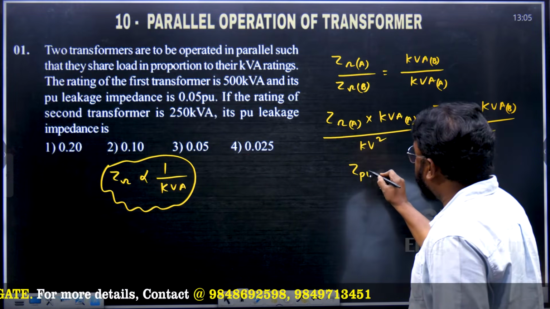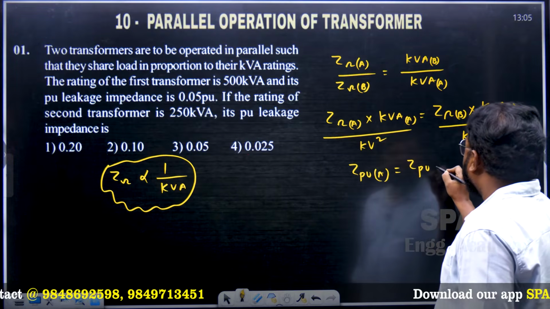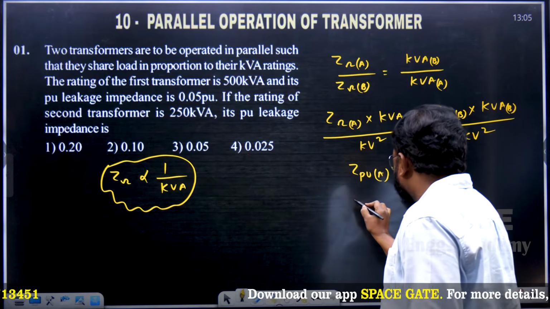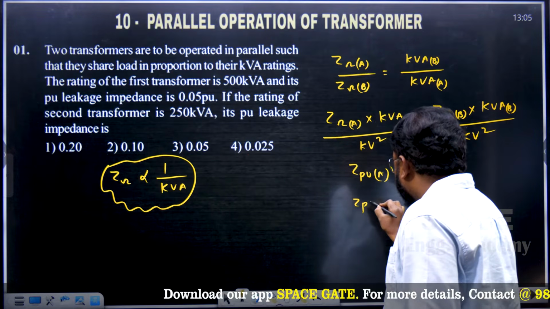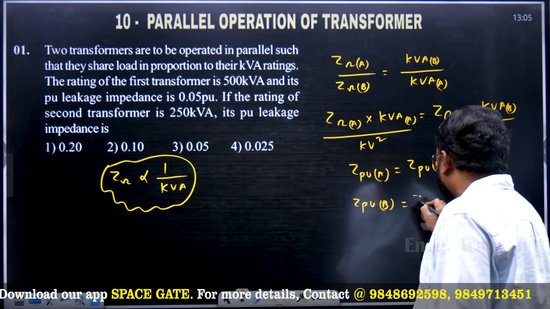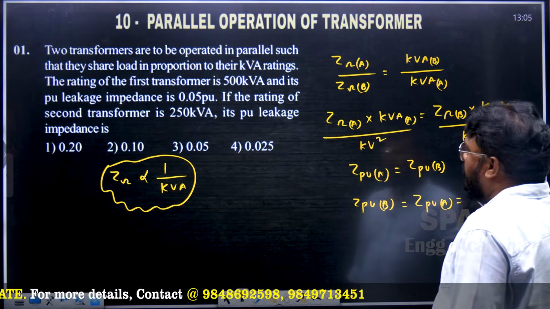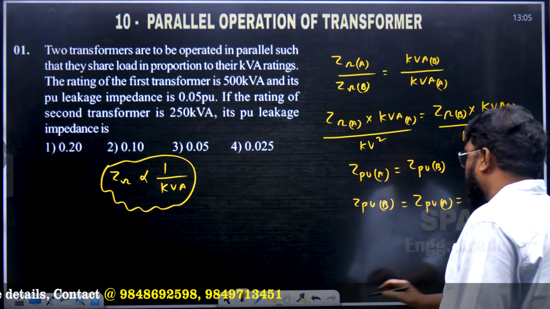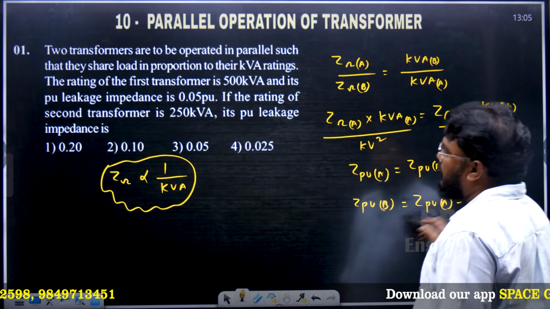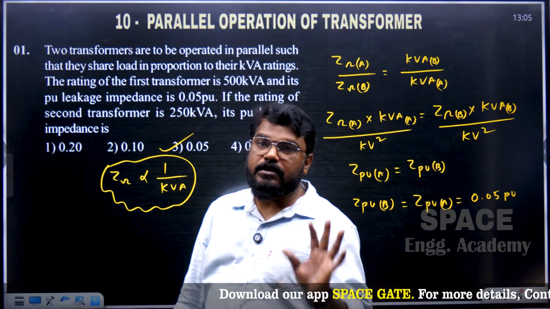So the per unit impedance of transformer A is equal to the per unit impedance of transformer B. The per unit impedance of transformer A is given, and this value is 0.05 per unit. So 0.05 per unit is the right answer for this question.